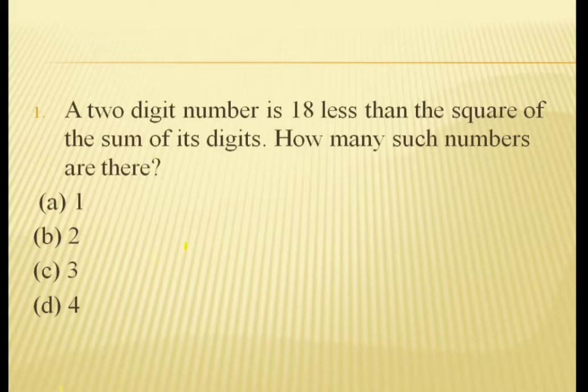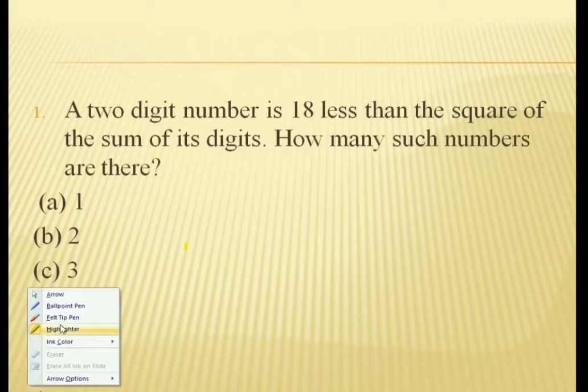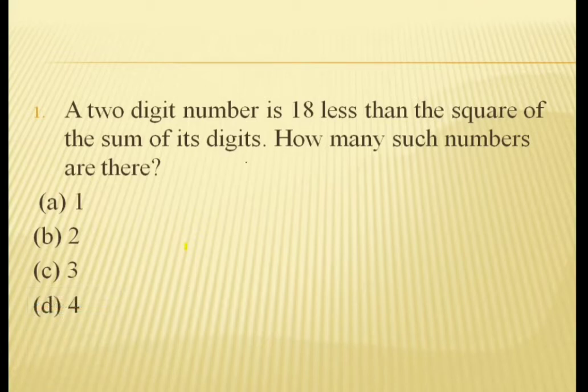How can we express a two-digit number in terms of two variables? Say a and b are the two digits, so we can take the two-digit number as n, and represent it as n equal to 10a plus b.